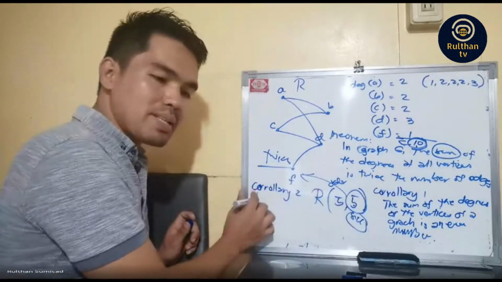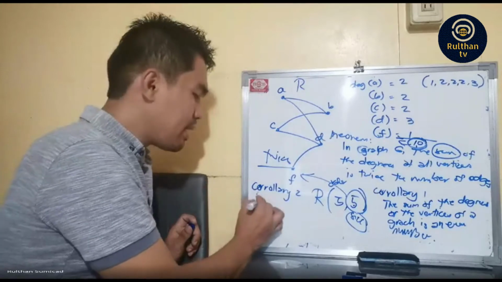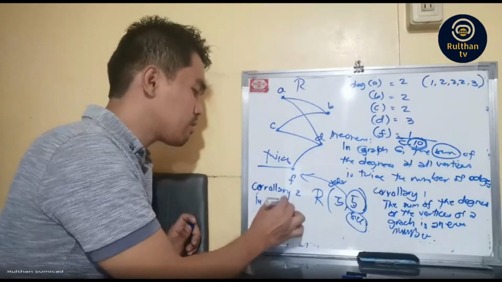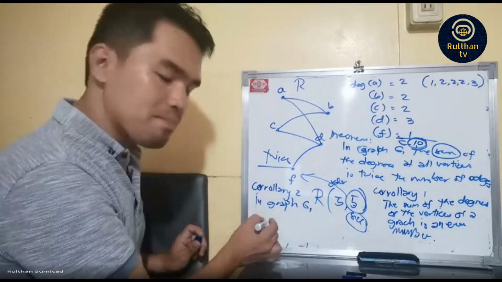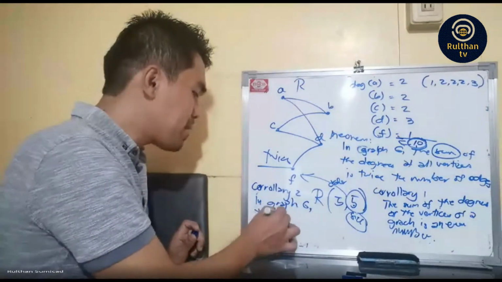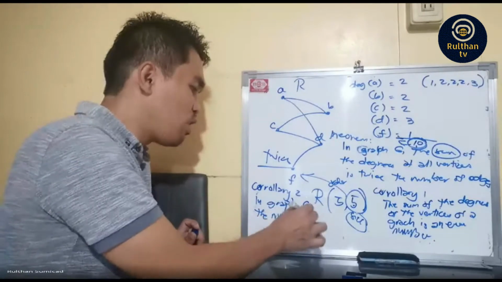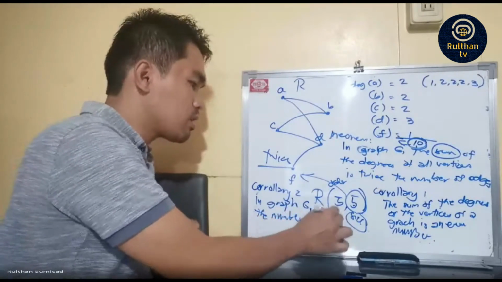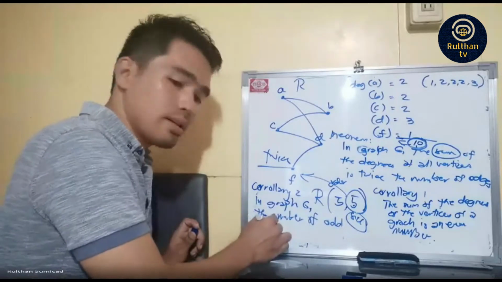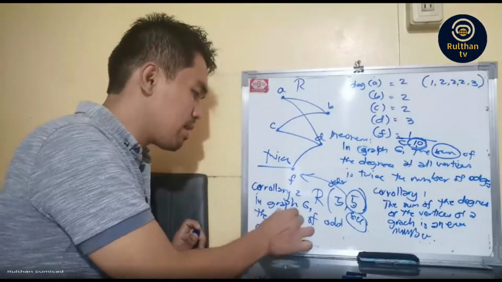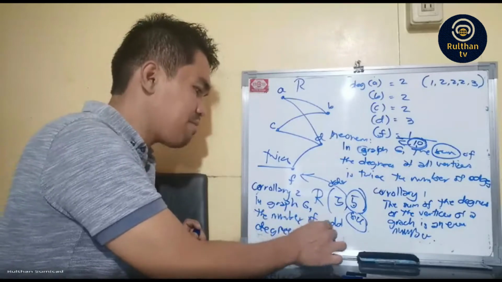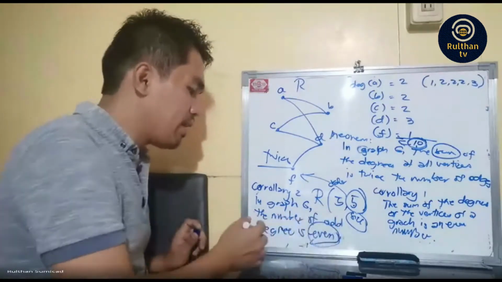So this statement says that in graph G, the number of odd degrees is even. Take note of the word even.